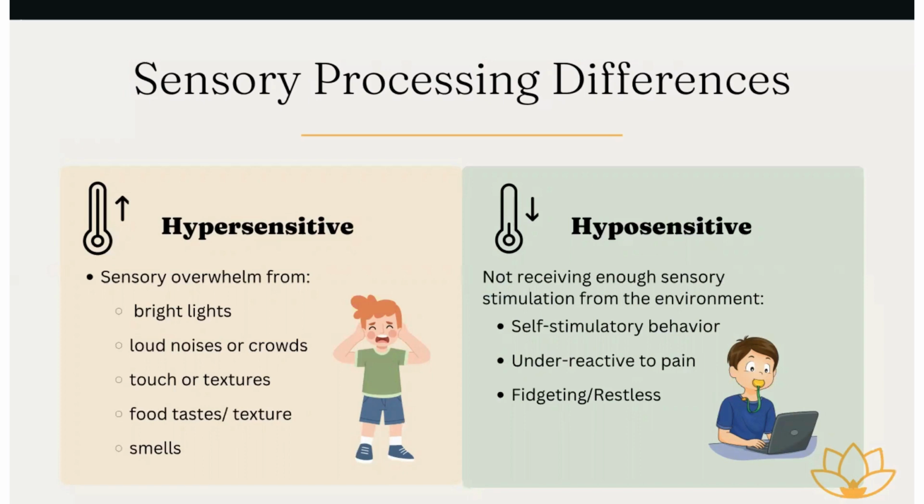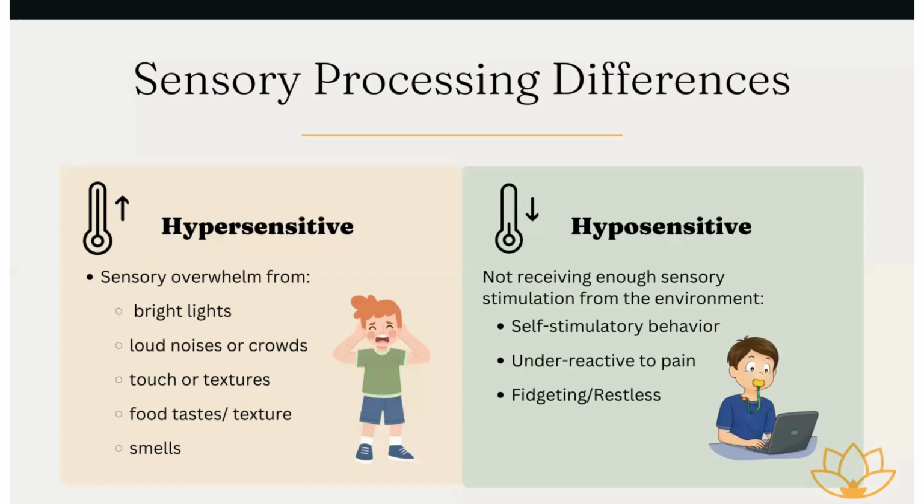And this is not just children with autism, this is with ADHD and different types of neurodiversity. So it could be bright lights, loud noises or crowds, touch or textures, food tastes and textures, or smells. So it could be any of the different types of senses: taste, sight, smell, noise.